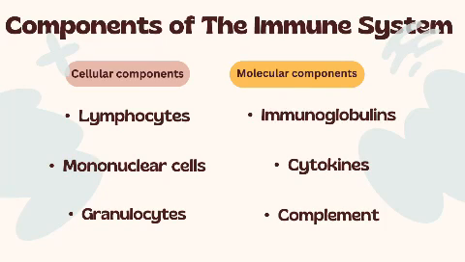Molecular components. Immunoglobulins. They are glycoproteins that are produced by B cells in response to antigenic stimulation. They are the primary immune effectors and are responsible for the specificity of immune response. There are 5 classes of immunoglobulins: IgG, IgM, IgA, IgD, and IgE.